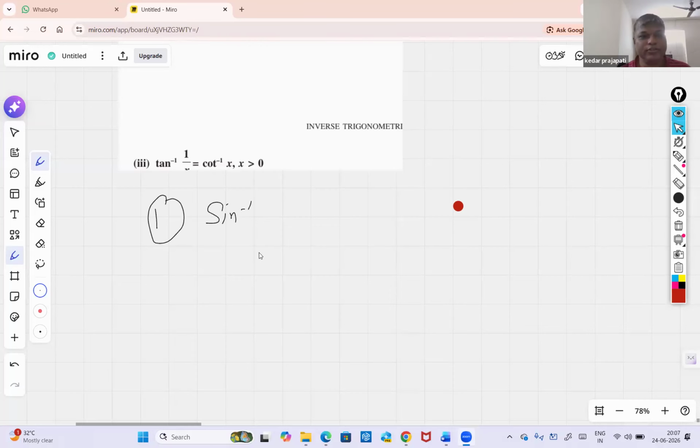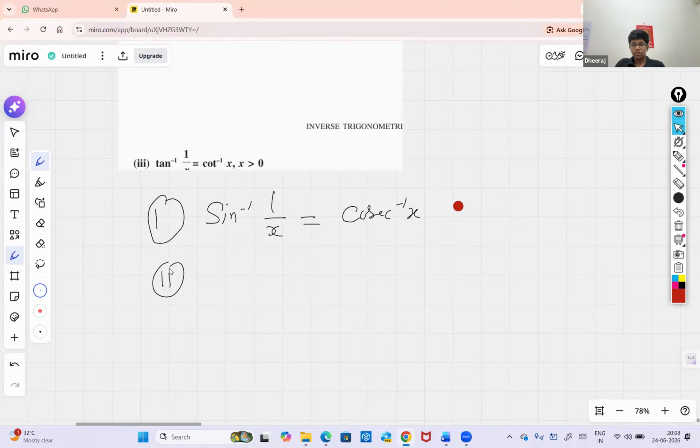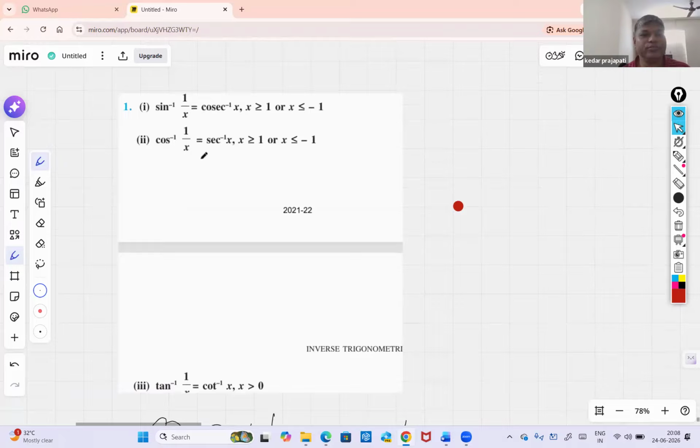So first property is sine inverse 1 by x, right? So this will be cosecant inverse x. Second one is cos inverse 1 by x.